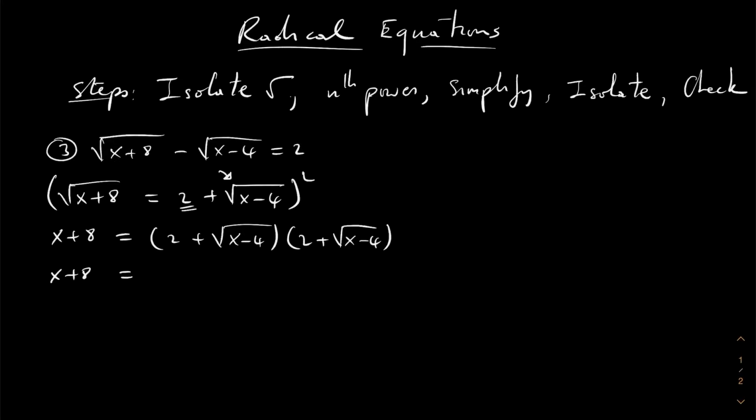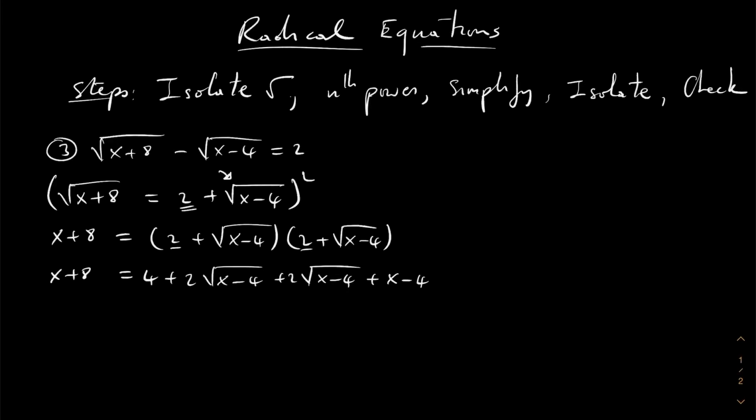And so what we're going to have here is x plus 8 on this left side, and on the right side we're going to have 2 times 2, which is 4, 2 times the square root of x minus 4, which is 2 root x minus 4. Again, the square root of x minus 4 times 2 is 2 root x minus 4. And finally, root x minus 4 times root x minus 4 would now give us x minus 4 without the root this time.